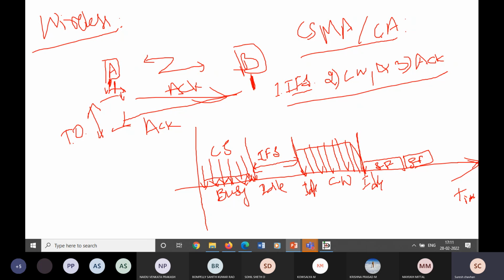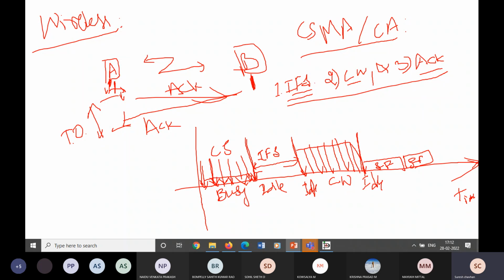In order to do so, it has three main strategies. The very first one is the interframe space, the second one is the contention window, and the third one is the acknowledgement strategy. At the beginning of CSMA, the one-persistent, non-persistent, and p-persistent methods, we have seen that whenever a station finds the medium busy, it continuously senses the medium until it finds it idle.